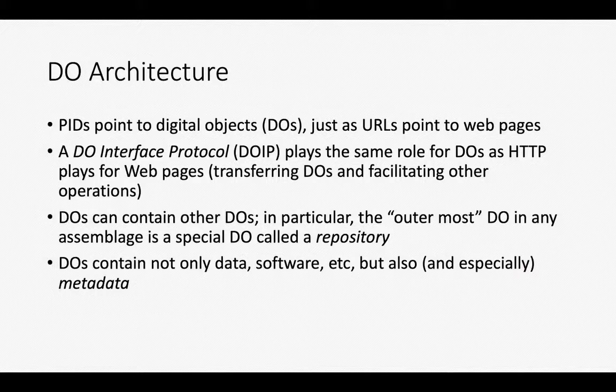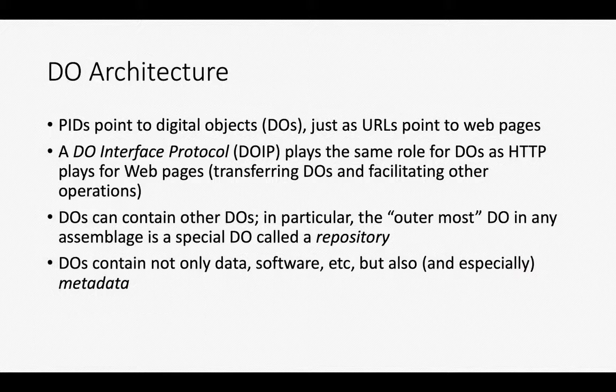DOs can contain other DOs, so the outermost DO being a repository. DOs can also describe not just what we would think of as data, but of software, instrumentation. A DO can basically be applied to anything, much like a Unix system sees everything as a file.